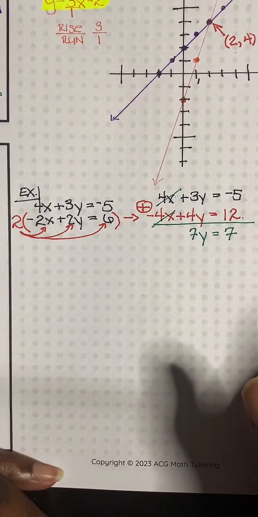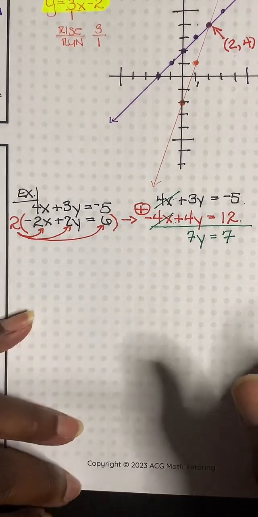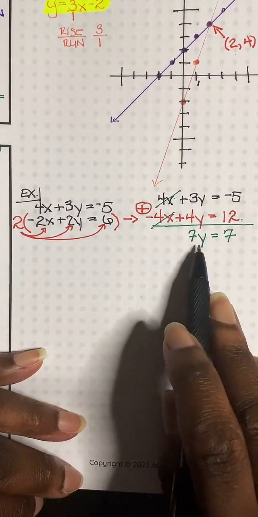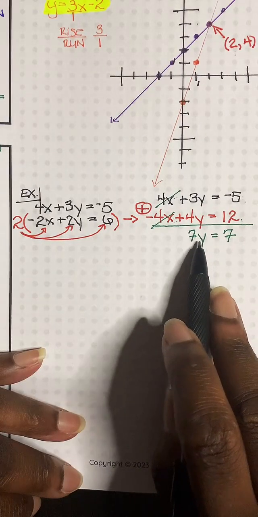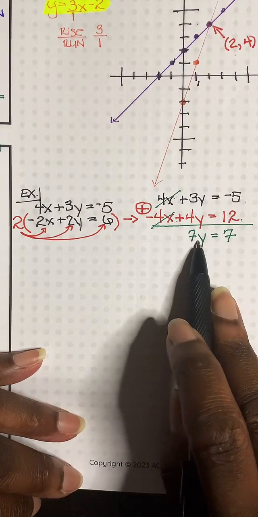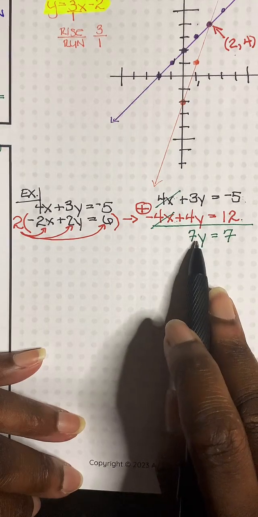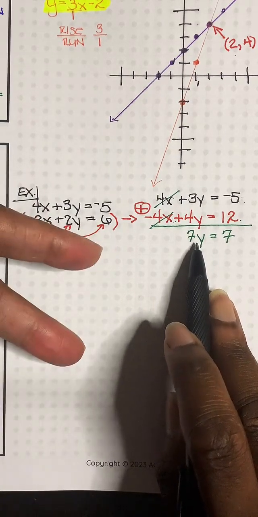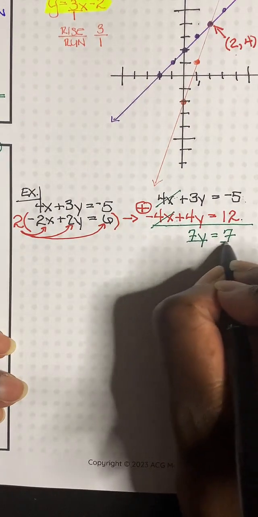Yep, and you could do matrices through this, but I'm going to try to keep it simple as best I can, because now we want to solve for y. So 7y is the same as saying 7 times y. If I look in between the 7 and the y and I don't see a plus or a minus sign, that means I'm multiplying. So the inverse of multiplication is going to be division.